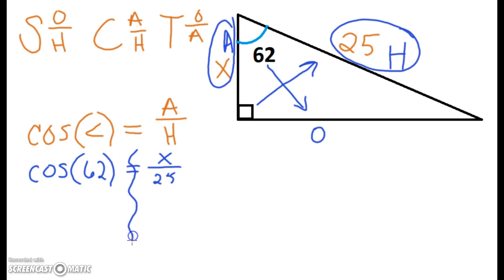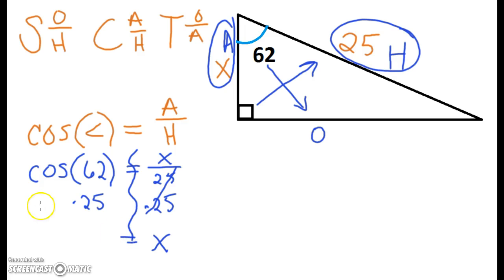All right, whenever I go to solve this, if I want to get X by itself, I need to get rid of this divided by 25. Well, what's the opposite of dividing by 25? You multiply by 25. And so these are probably the easier ones to do, the ones where the X is on the top.